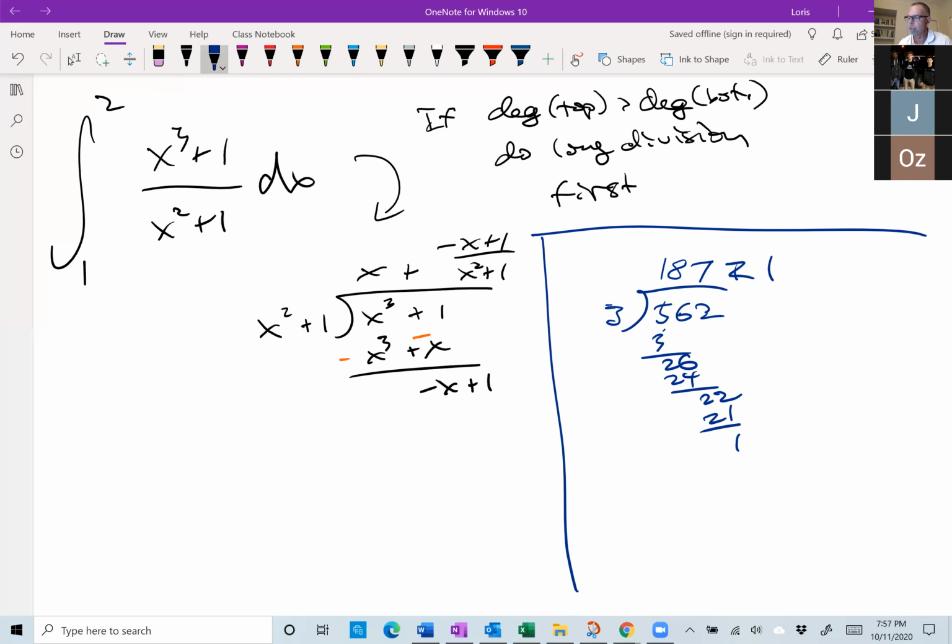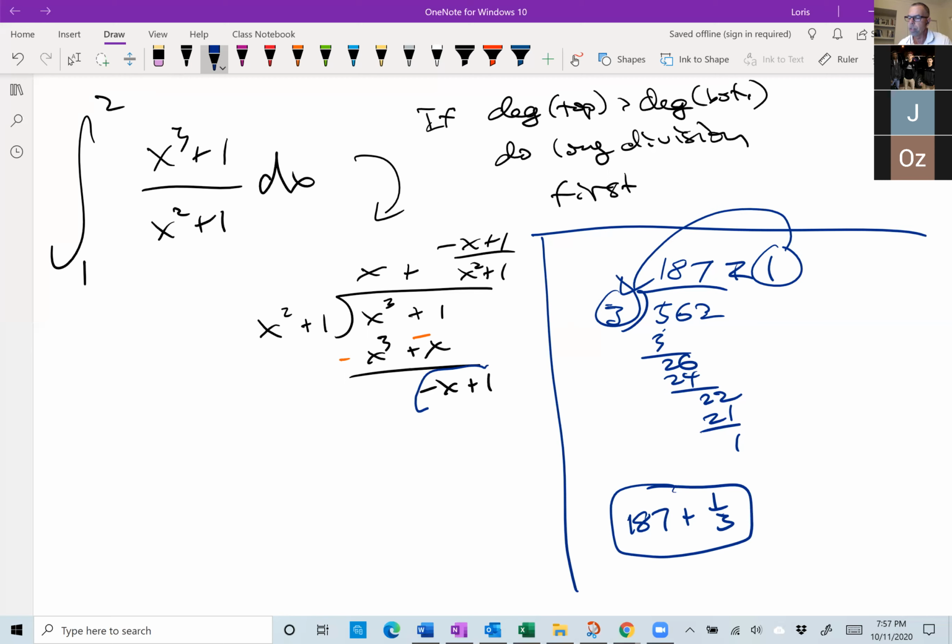But there's another way to write that. It's actually 187 plus 1/3. You just divide it into a fraction. I took the remainder here and divided it by the divisor, and that was what is left over. It's kind of another way to write the remainder.